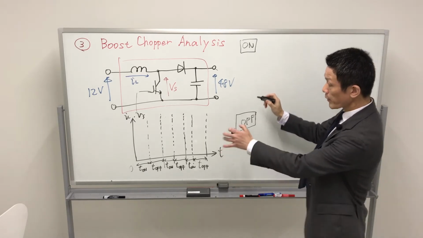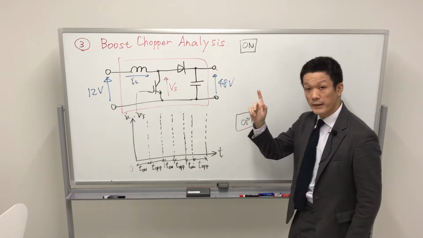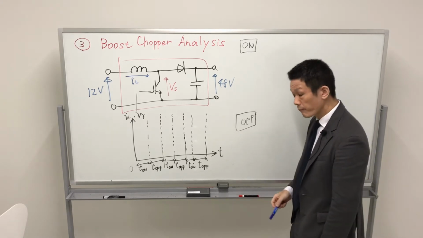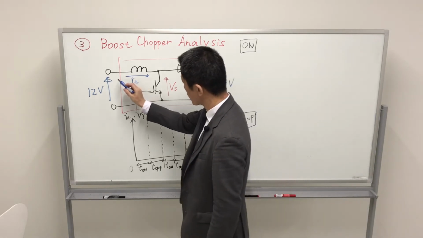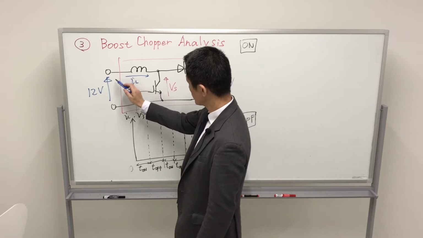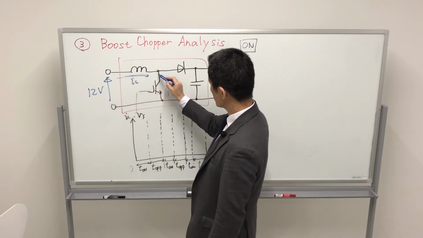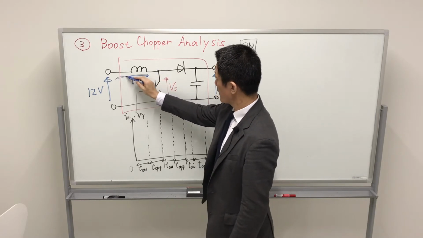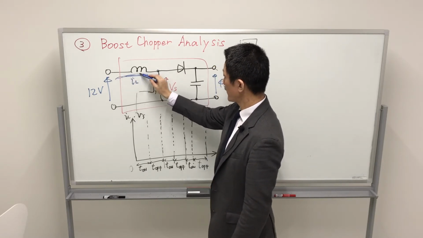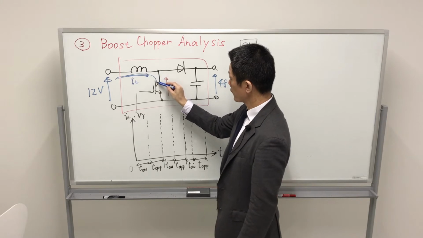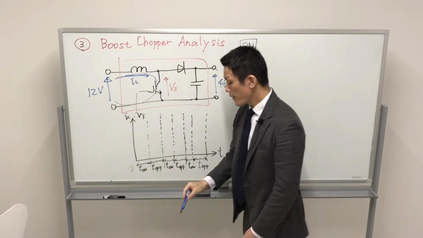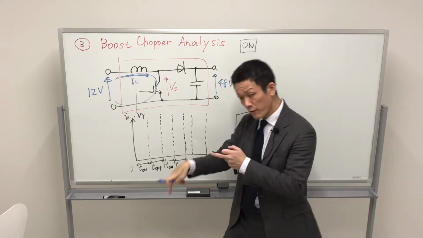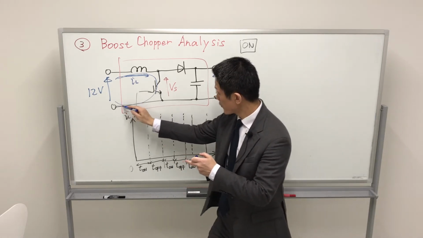Input side. In the case of turn on, how about the current? Current flows through this one when it is turned on. This one is the terminal, but current flows through like this, directly to the ground. Ground means here.